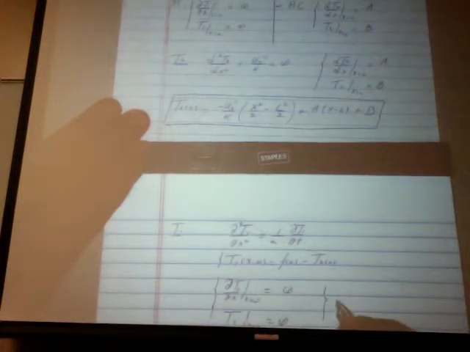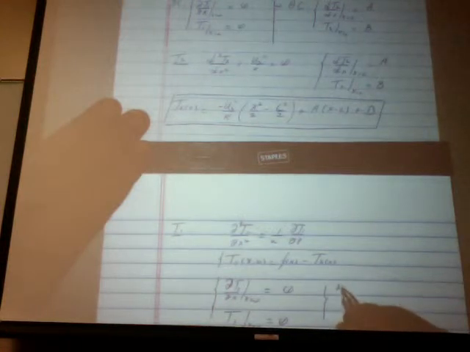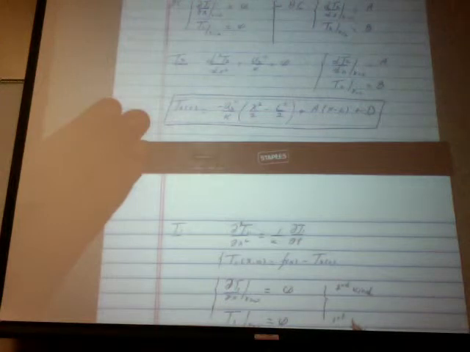These are homogeneous. This is second kind, first kind, homogeneous.